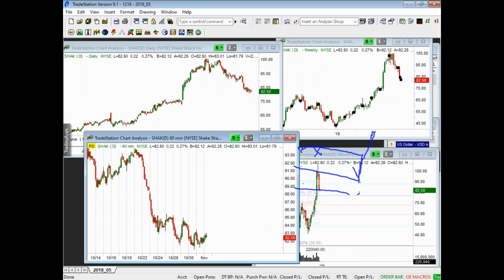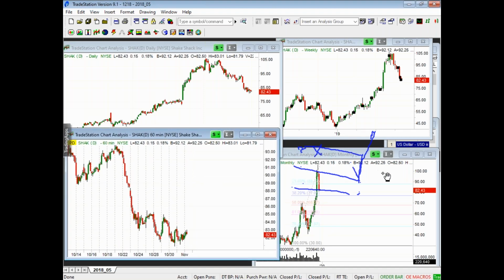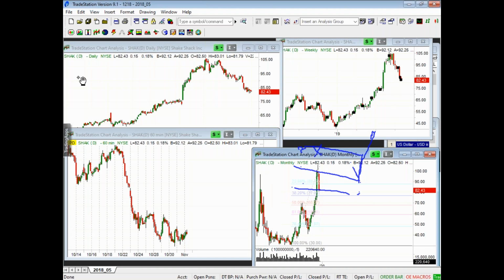Got a double tap at that low there on the ES, or you can see it on the Nasdaq rather. Let's see here. So Shake Shack, I know a lot of people have been following, or why do I always call it Shockley, man? Every single time. Shake Shack.